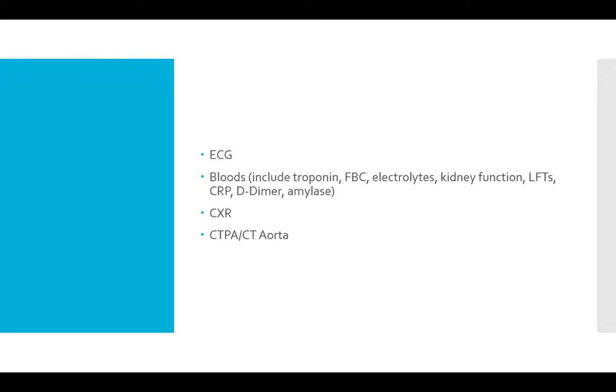So it's always worth having in the back of your mind, particularly if there's been a collapse episode. A full blood count helps us to establish whether there's any infection, and then your kidney function and your liver function and your CRP all help us build a better picture of what might be going on.